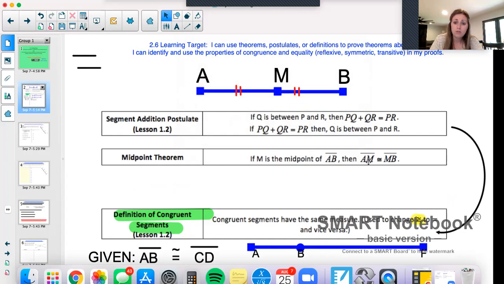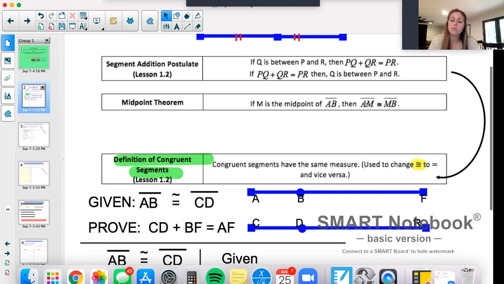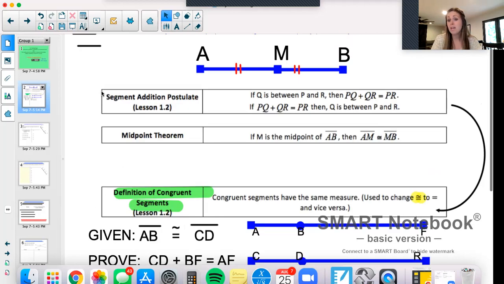So if you get to the statement where it says segment AM is congruent to segment MB, but you want to convert that to an equation, all you have to do is convert it to the measure of AM equals the measure of MB using the definition of congruent segments. So these are your big 3 geometric theorems or postulates.